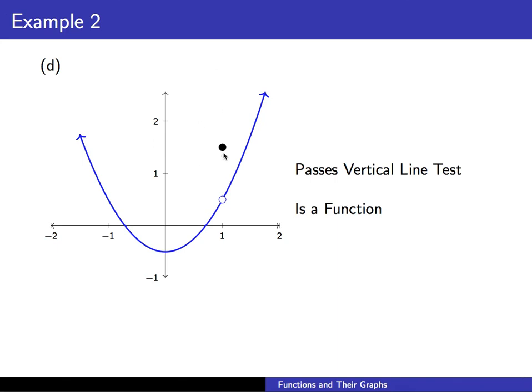So we draw a vertical line. It's going to hit this point that's above the blue part of the graph, but it's not going to hit this part. It's actually going to pass right through it without hitting it. So it actually only hits the point that's above the blue part. So this one does pass the vertical line test, which means it is a function.